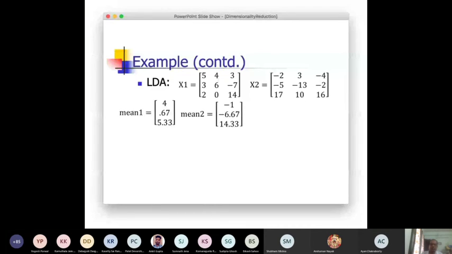So what is the solution? First you have to compute the difference between these two means, M1 minus M2. Then you have to compute the within-class scatter. S1 is the within-class scatter. The definition is that you subtract the mean from each column of X1, call it X1 tilde, and then multiply it with its transpose.